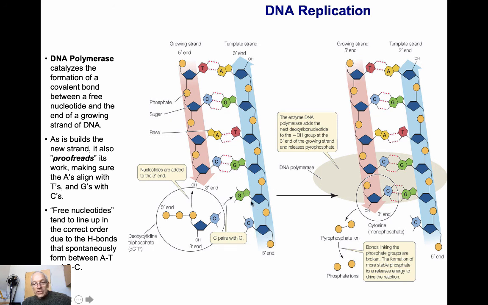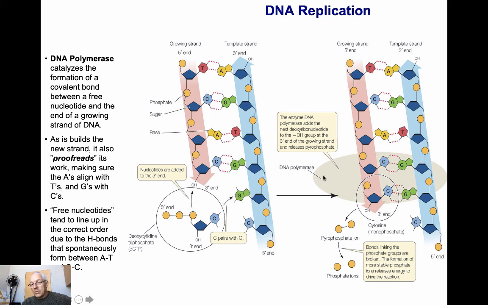And here on the parent strand, the next free nucleotide is a guanine. So the next free nucleotide that would hydrogen bond with that would be a cytosine, a C. And so that happens spontaneously.